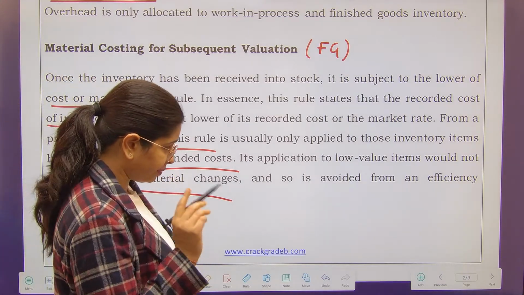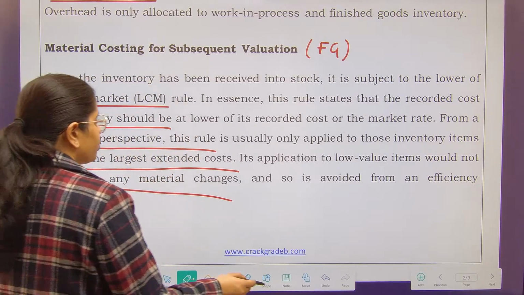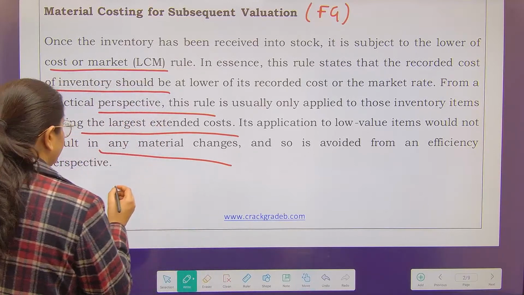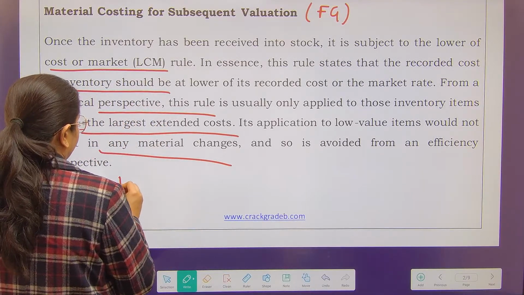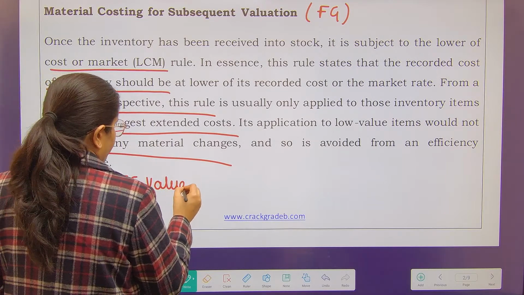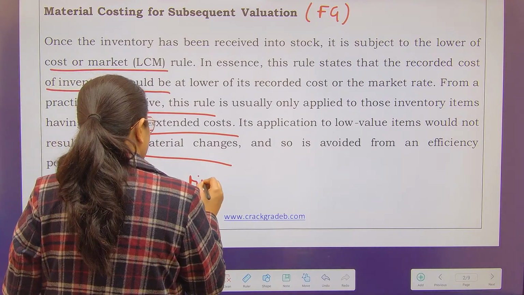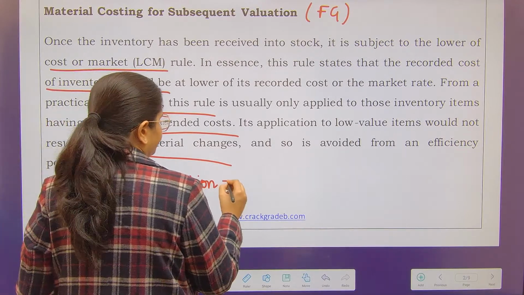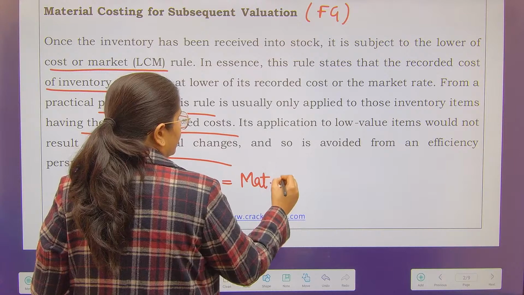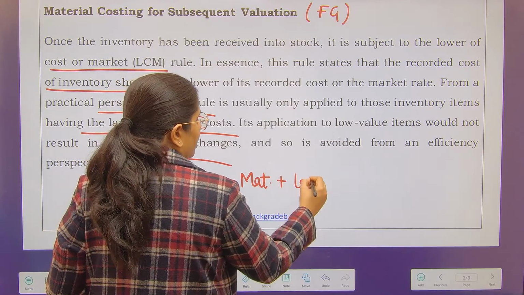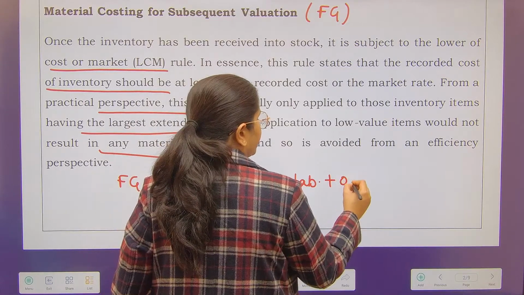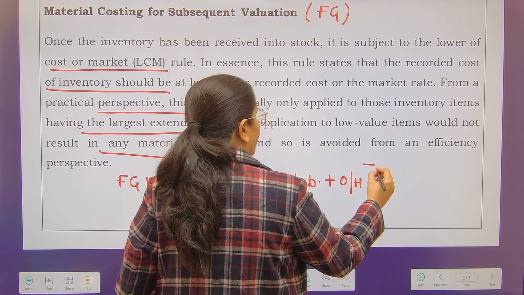So the other thing which you should remember about your FG valuation is it will include material cost incurred, labor incurred, overheads incurred, right?